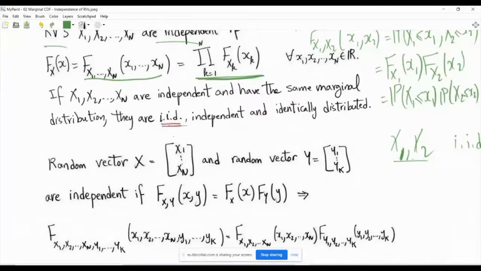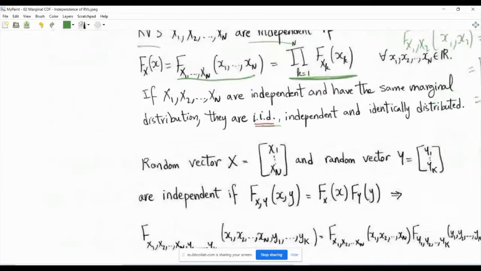Keep this in mind. Independence means that observing one of the random variables does not tell you anything about the other. Identically distributed does not mean that they are identical. It does not mean that they are equal. If x is equal to y, then they are fully dependent, right?